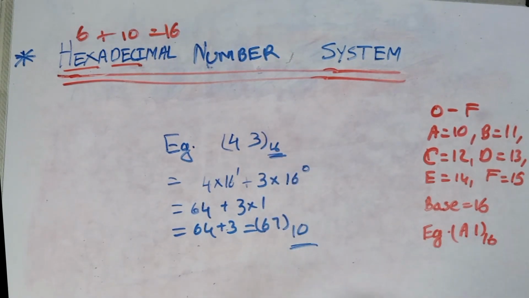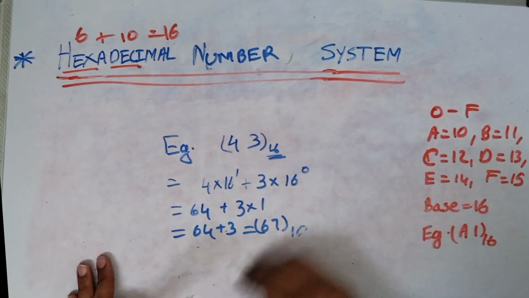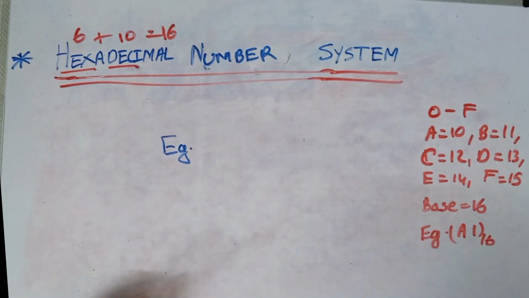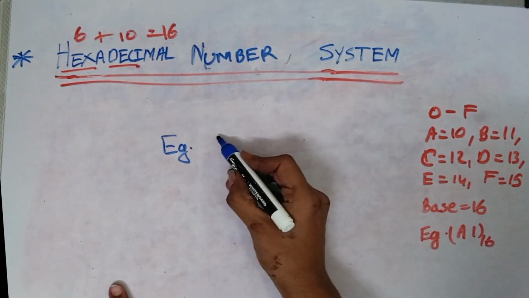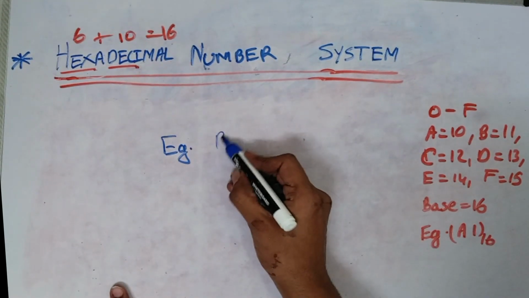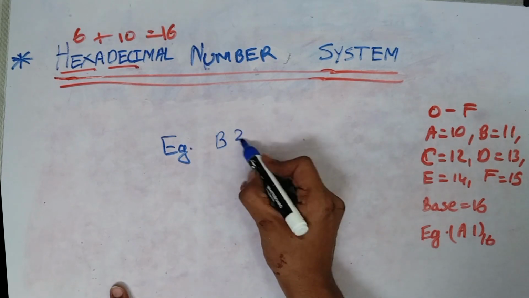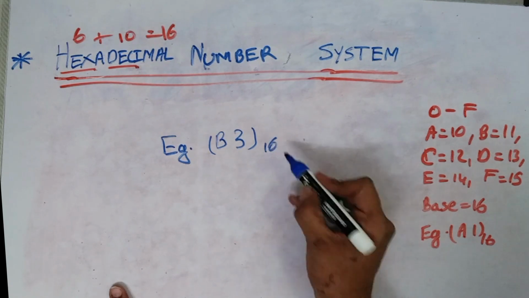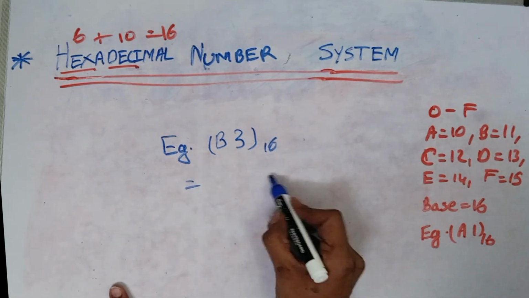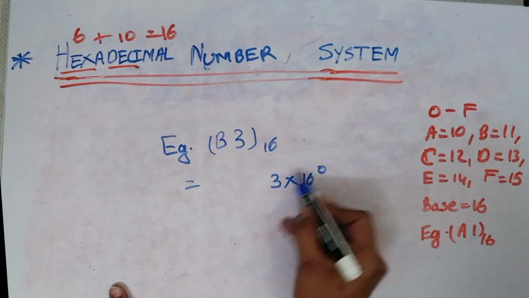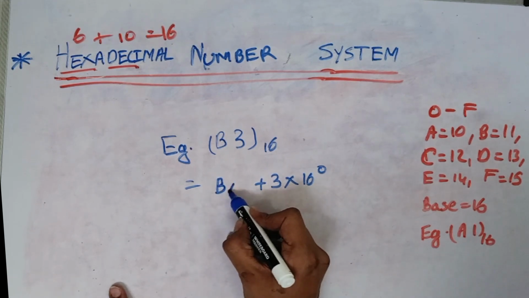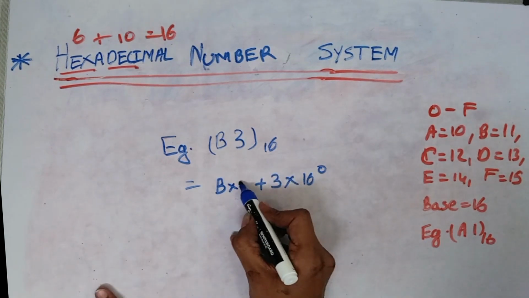Now let us take a bit more complicated example this time. Let's take the example of B3. B3 is nothing but 3 into 16 raised to 0 plus B into 16 raised to 1.